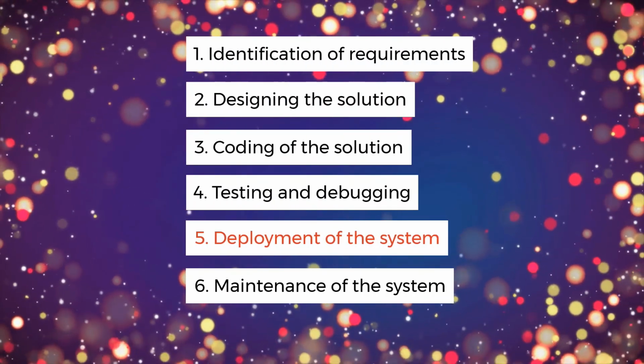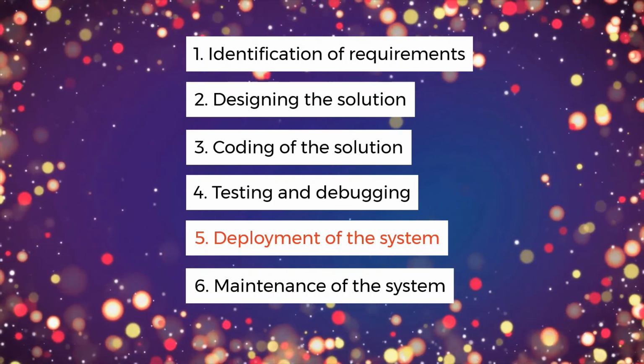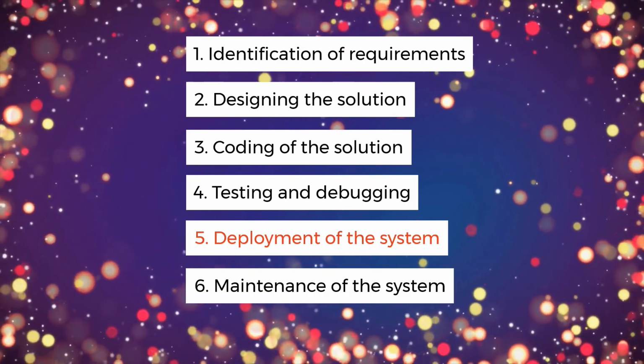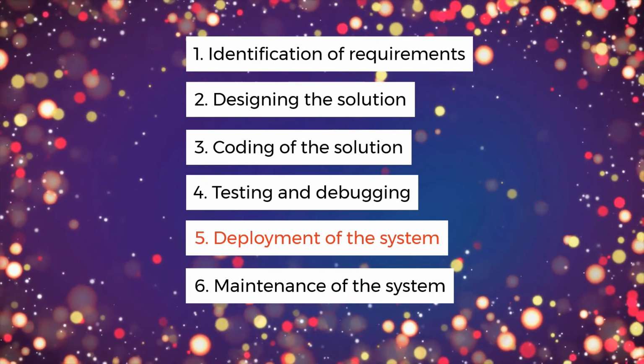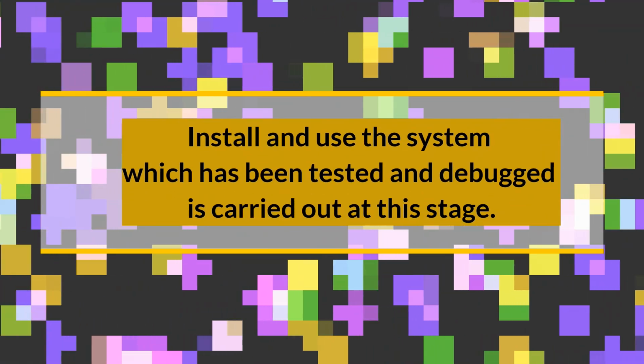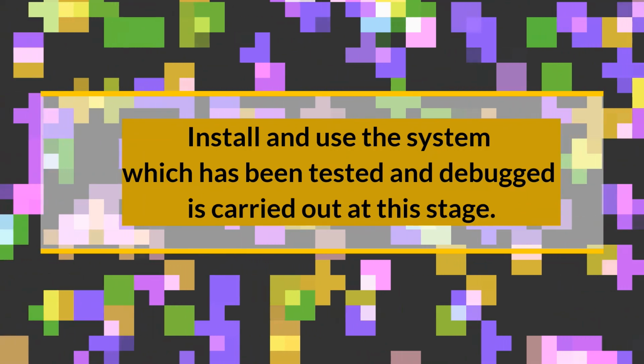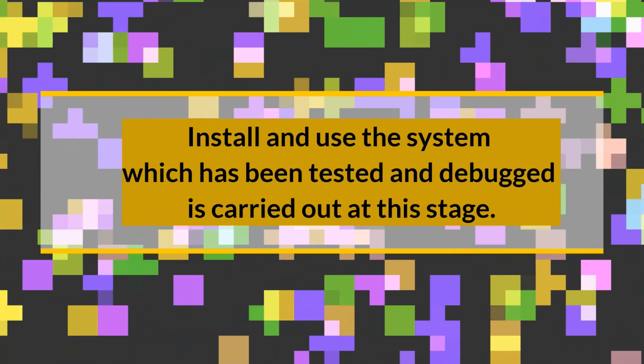Let's learn about the fifth step of SDLC, that is, deployment of the system. Install and use the system which has been tested and debugged is carried out at this stage.